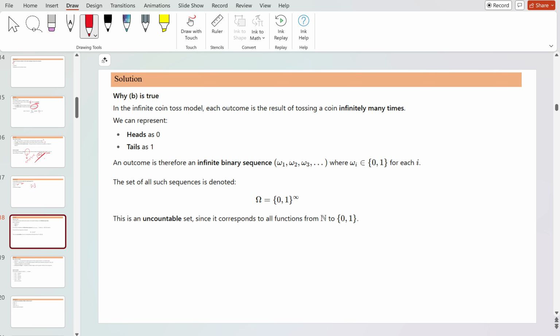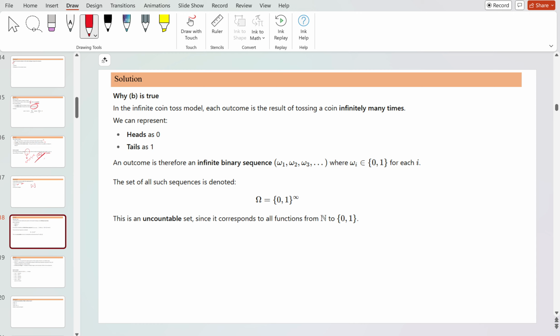When you look at all the sets, the correct solution is this: in the infinite coin toss model, each outcome is the result of tossing a coin infinitely many times. We can represent head as 0 and tail as 1.